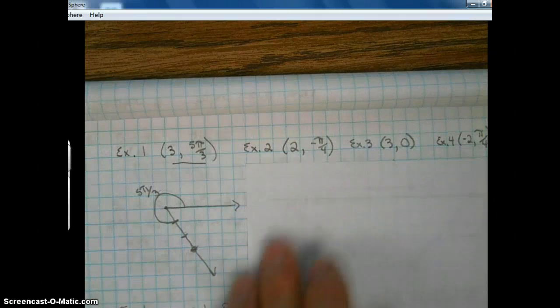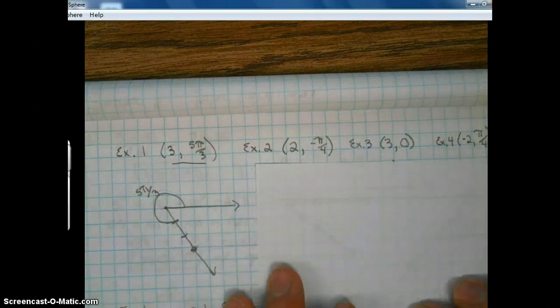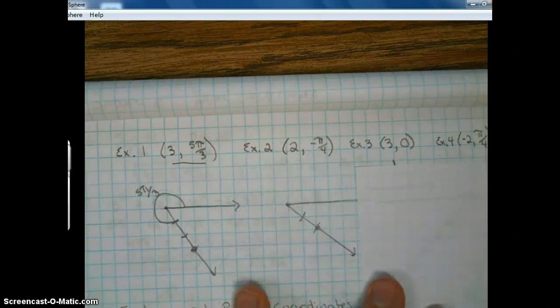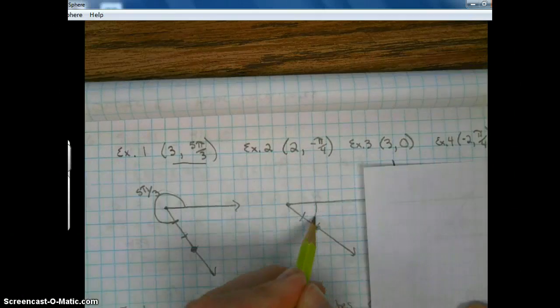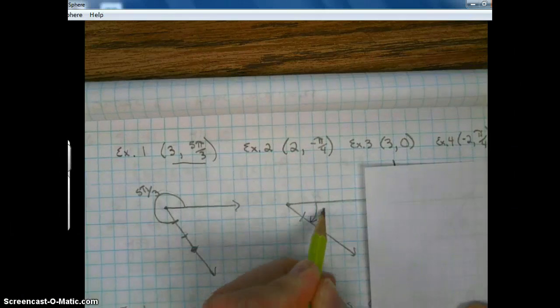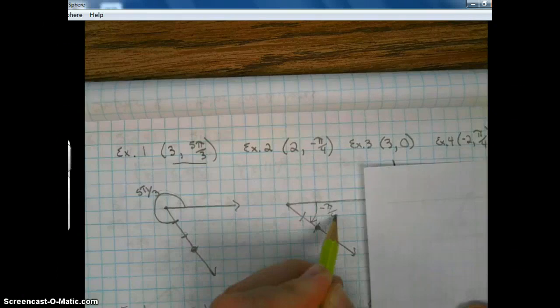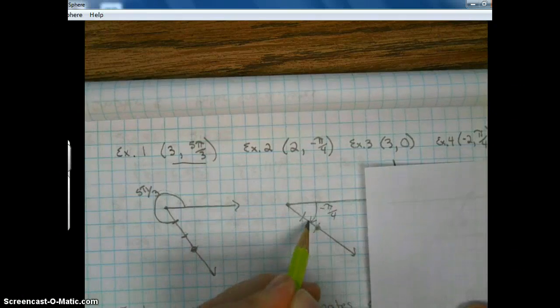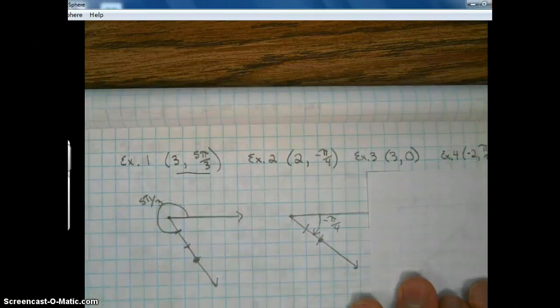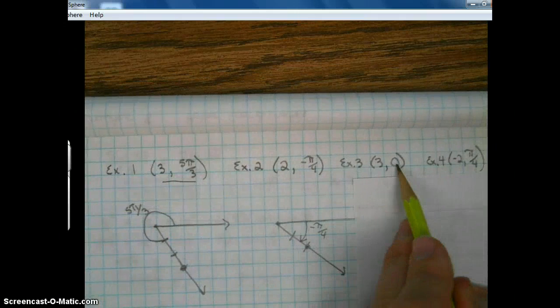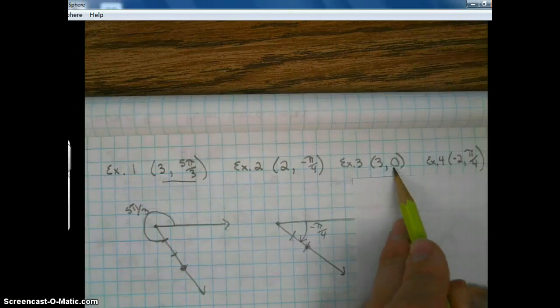Okay, example 2. Notice we went negative pi over 4 radians, and then we went out 1, 2 units. Okay, example 3. Now our angle is 0. Now that's going to be 0 radians.